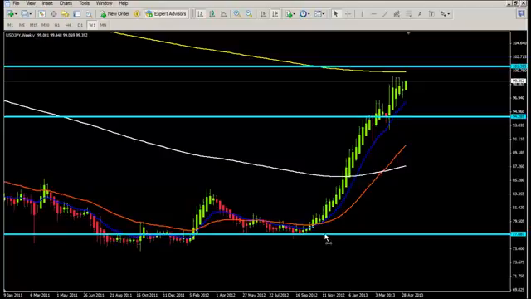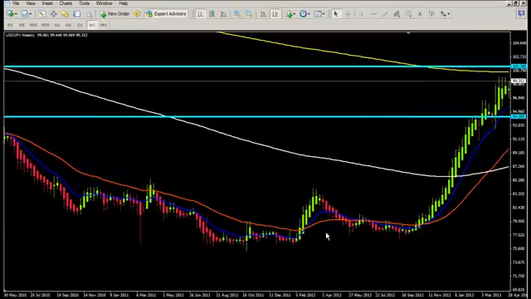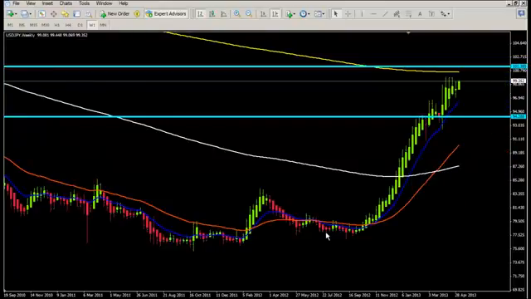Let me delete these lines, I don't want to confuse you. What you want to do now is draw your trend line, the first trend line, to see that clear break.